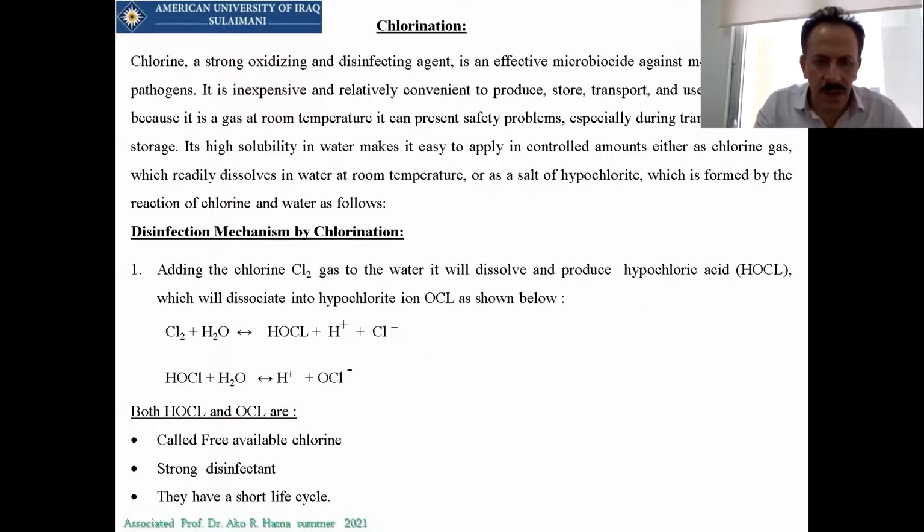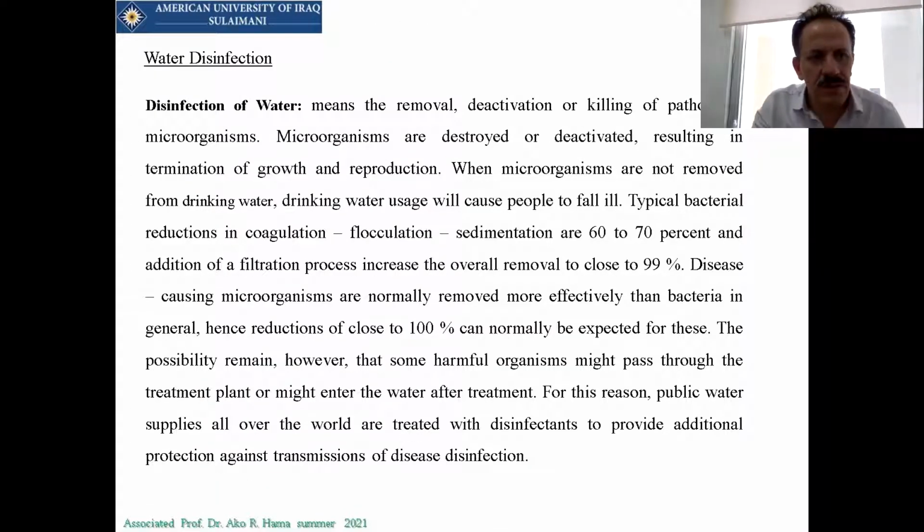Today, I'm going to talk about another process, which could be the last process in the water treatment plant, and it's called water disinfection. Disinfection means that we have dealt with all the suspended and solid matters in the water.